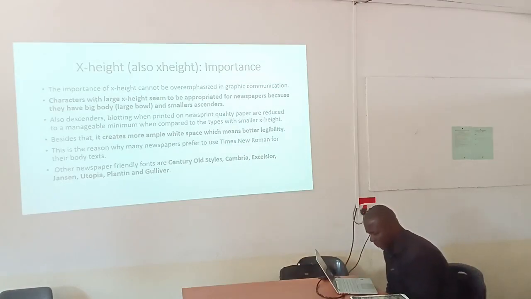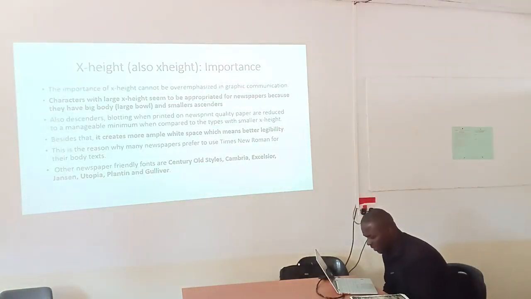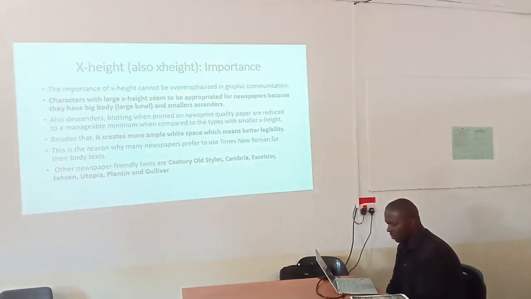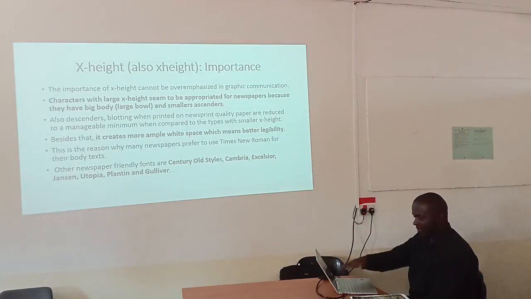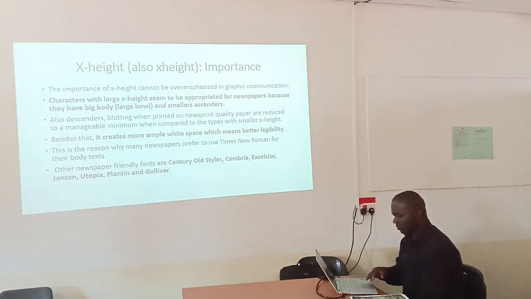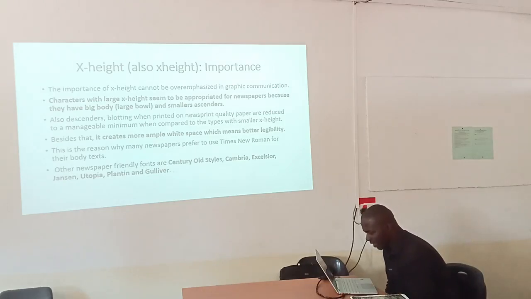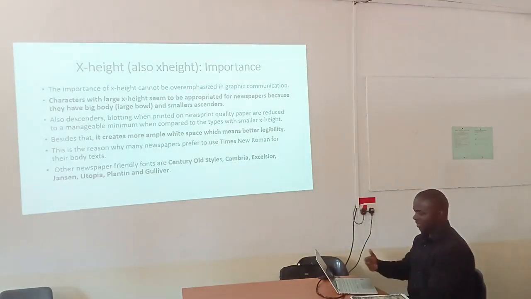So, for newspapers here, you have examples of some fonts which are friendly for the newspaper, essentially old styles, Cambria, there as you can see, Utopia, and all the other fonts you are seeing here. So to say the X height again, it creates more ample white space, which means better legibility, right? Which is the readability.